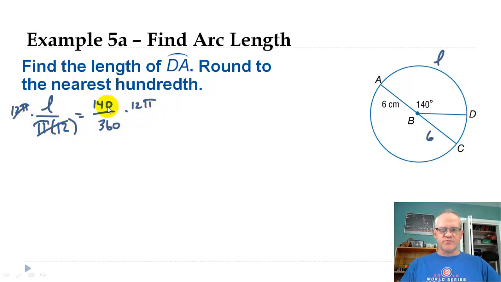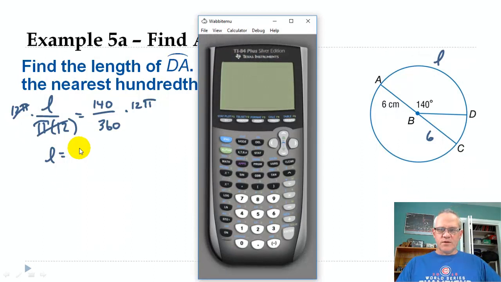So all I have to do is type this into my calculator. I'm going to do 140 divided by 360, and then times 12 pi.